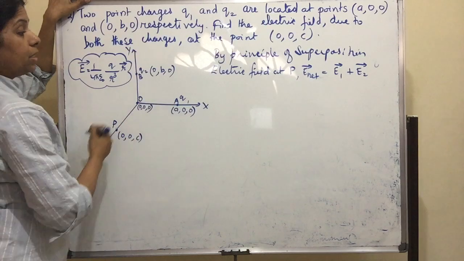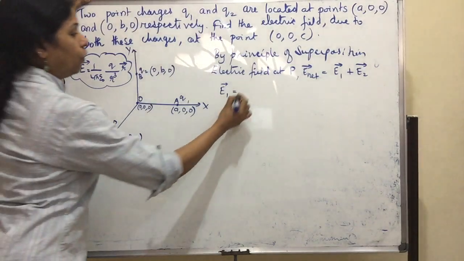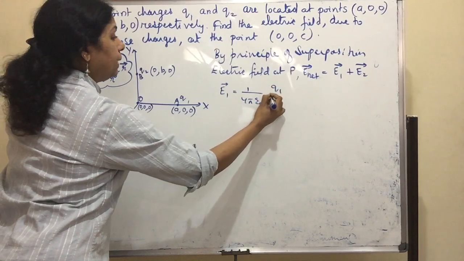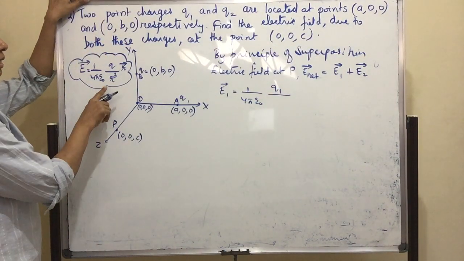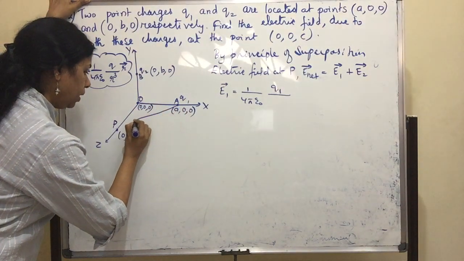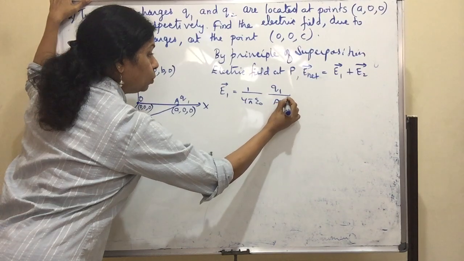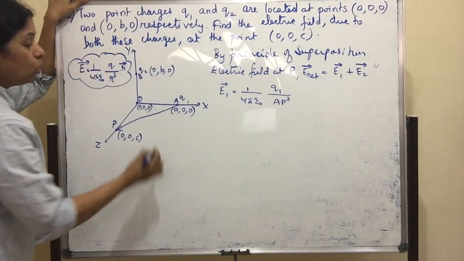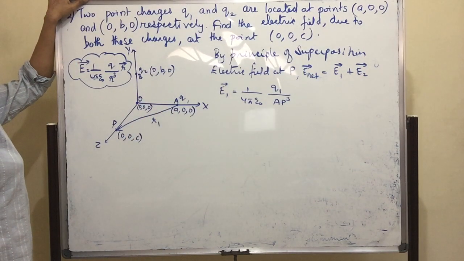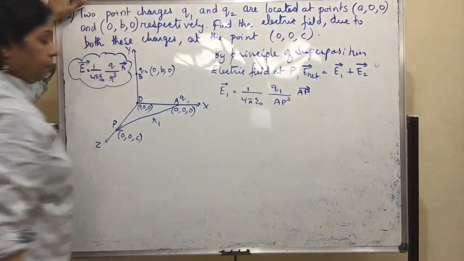The electric field at P due to this charge Q1, that is E1 vector, is equal to 1 by 4 pi epsilon naught, charge Q1 divided by the distance from A to P, this position vector AP, cubed. I am going to name it R1, into AP vector. That is the expression.